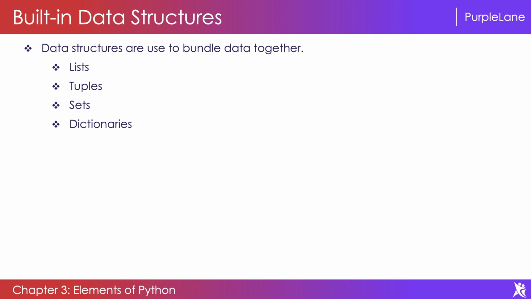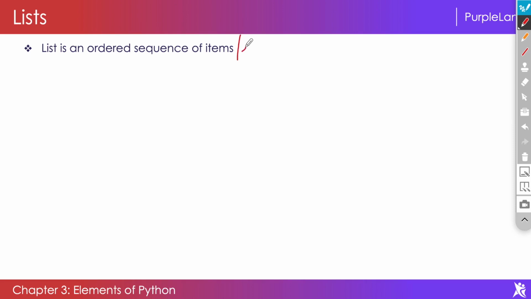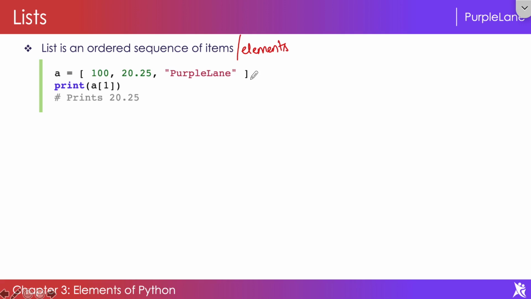Let's start with lists. A list is an ordered sequence of items or elements. A list can be thought of as an array, but lists are far more flexible than arrays because arrays can hold elements of only the same data type. Whereas in a list we can have elements of different data types.